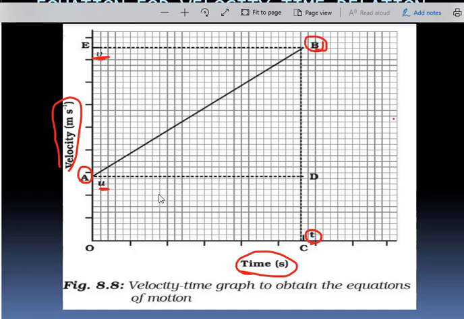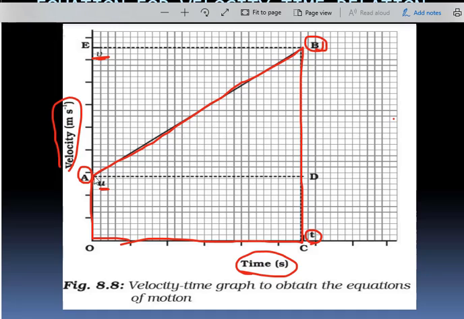In the previous class I explained how to find displacement with the help of a velocity time graph. That is nothing but the area under the graph, this line AB. Area under the line AB means this total region enclosed by AB, x-axis and y-axis, this total red outline.